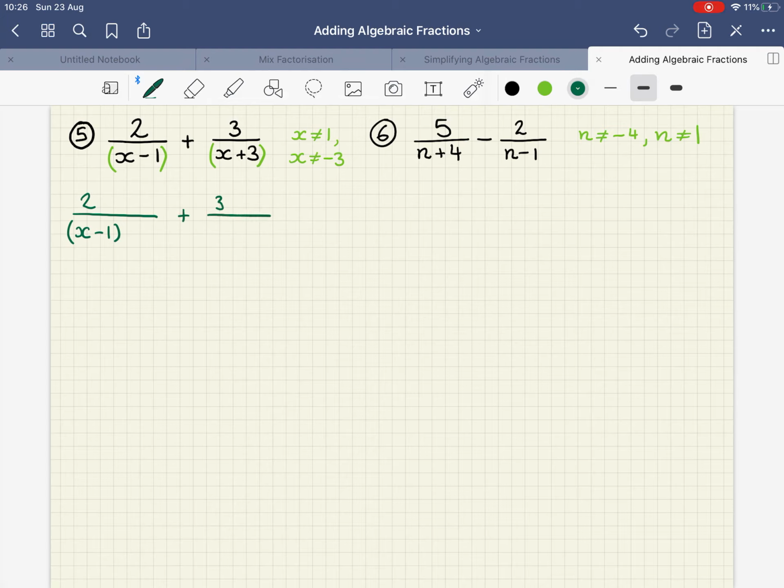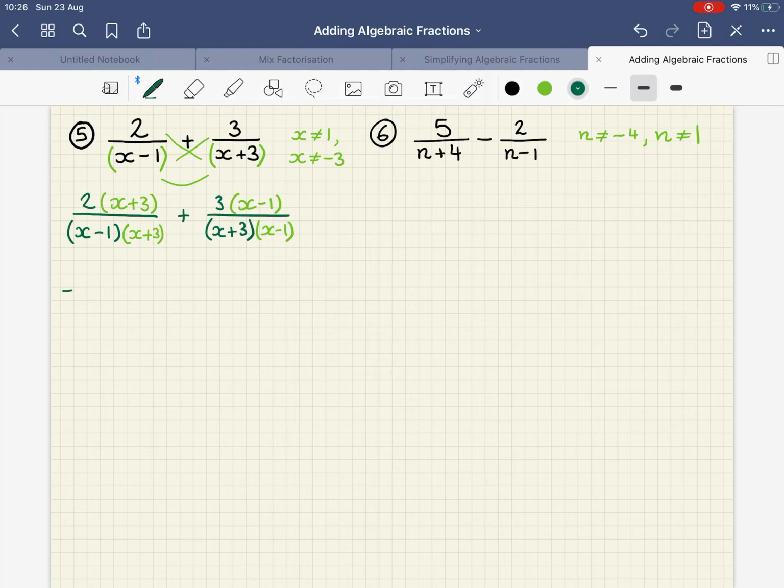Setting up my bracket. And so I'm going to do 2 times the x plus 3, 3 times the x minus 1, and then multiply my bottoms together. So I've got x plus 3 and x minus 1.